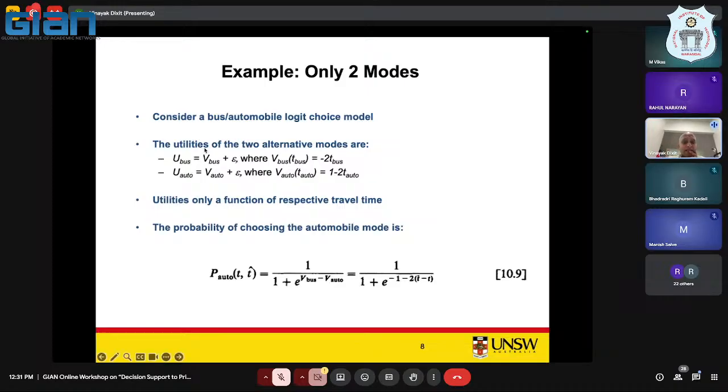So the error term has to be identical. The distribution of these error terms has to be identical. Now, the error terms of the bus and the auto are identical, but the error terms of a luxury bus and a non-luxury bus are not identical to that of a car.